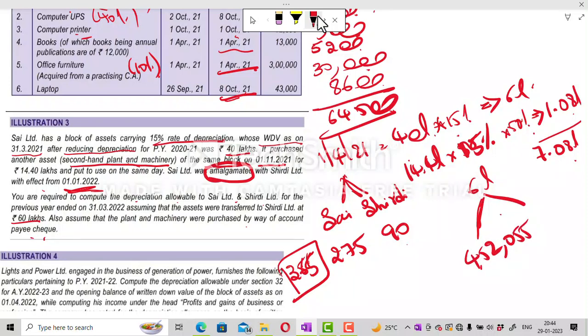Minus 6 lakhs, 1,47,945. This is for Sai, this is for Shirdi.